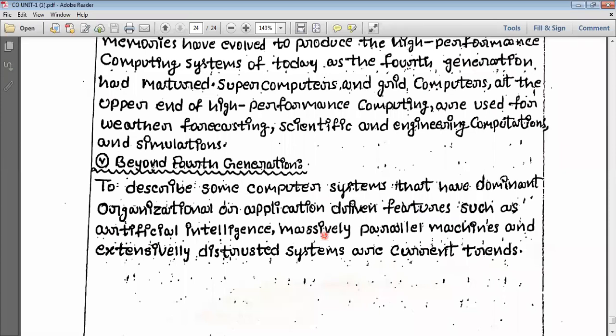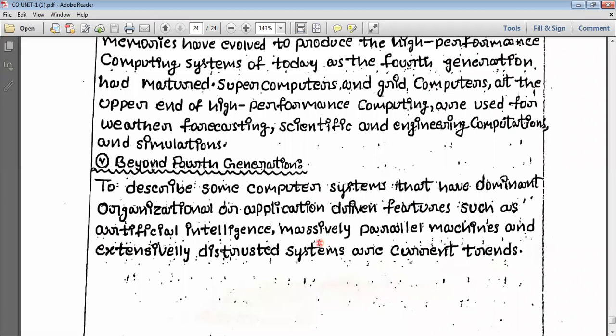In the first generation, we are using vacuum tubes. Second generation, we are using transistors. Third generation, we are using integrated circuits. Fourth generation, we are using very large scale integrated circuits.